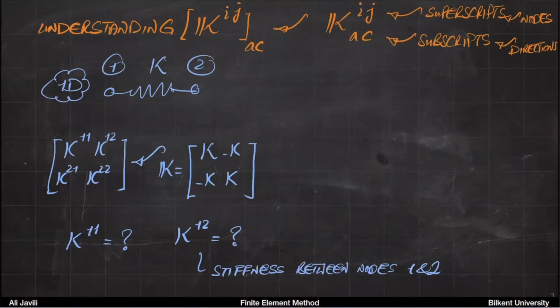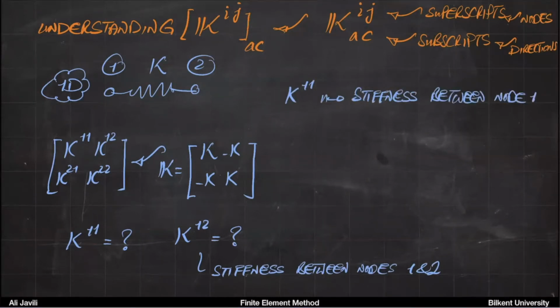So K11 is indeed the stiffness between node 1 and node 1, which is a little strange.